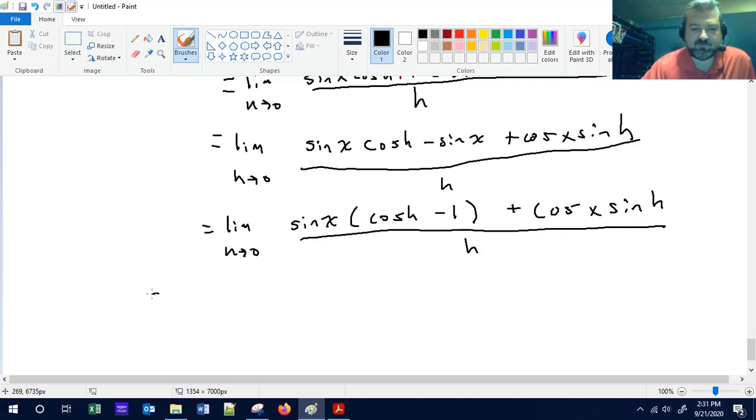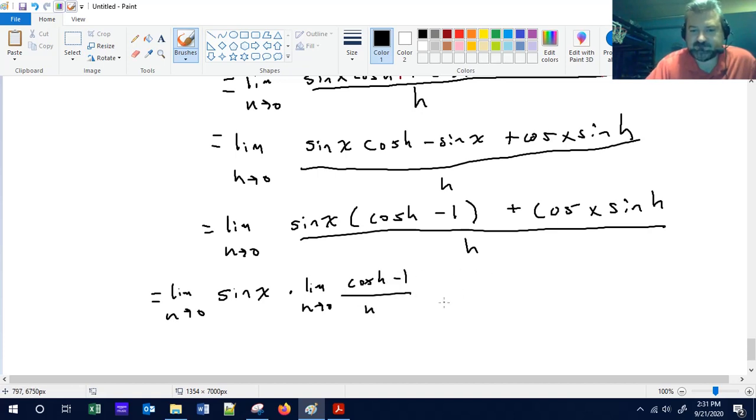Alright, now I'm going to do some limit properties, and I'm going to split this up quite a bit actually. I'm going to call this the limit as h goes to 0 of sine of x, times the limit as h goes to 0 of cosine of h minus 1 over h, plus, I'm dividing each term by h.